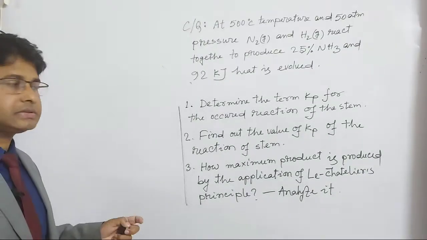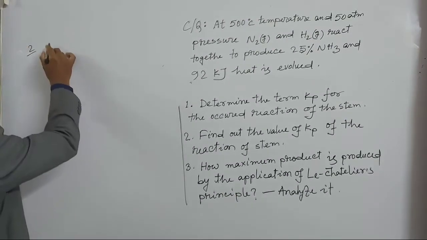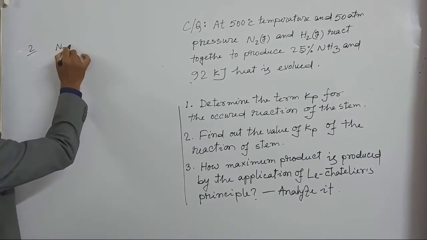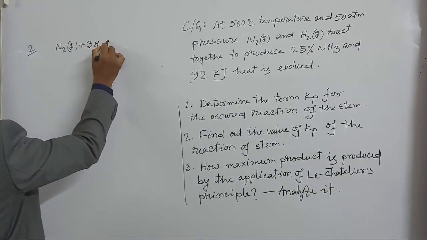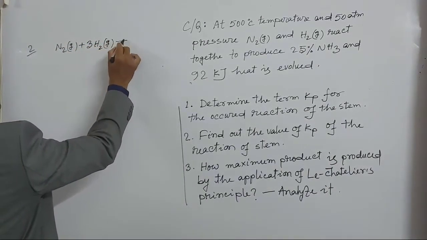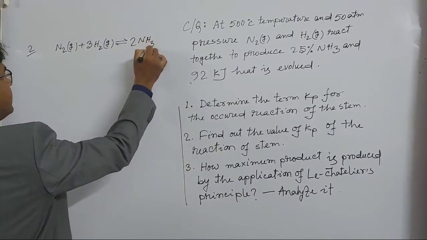Now dear students, come to question number 2. Here also I have to write nitrogen gas plus 3 molecules of hydrogen gas, reversible sign, 2 molecules of ammonia gas.